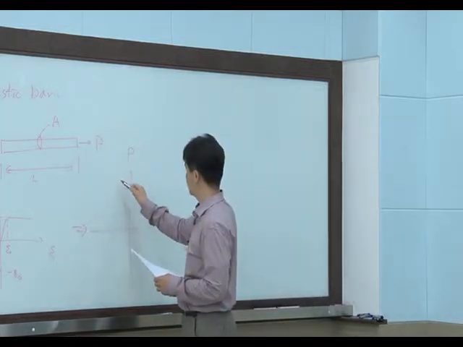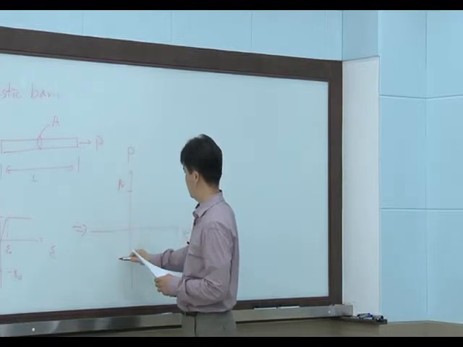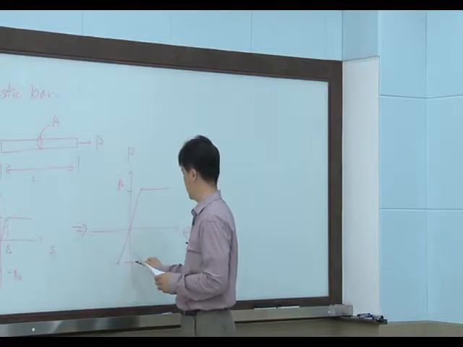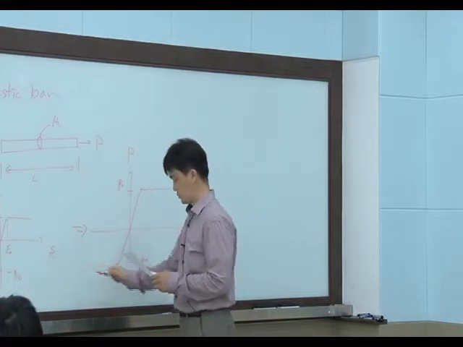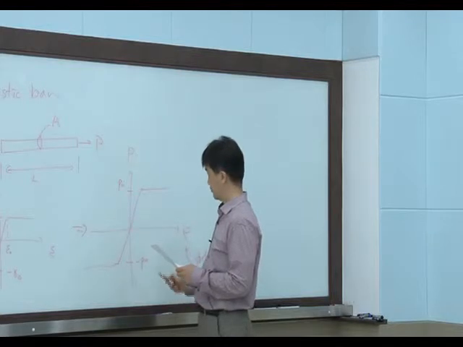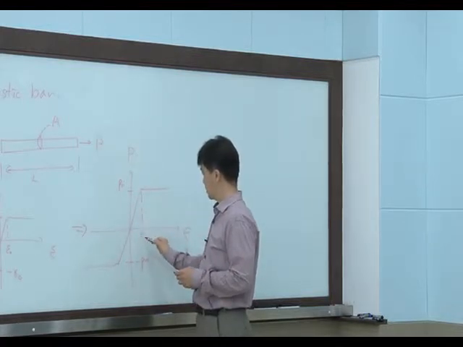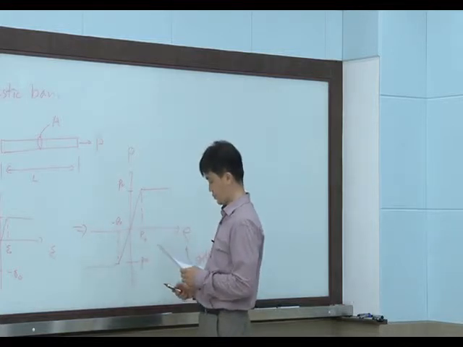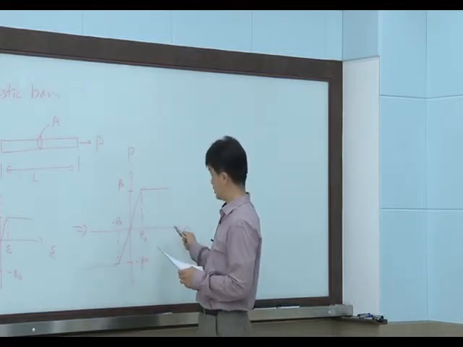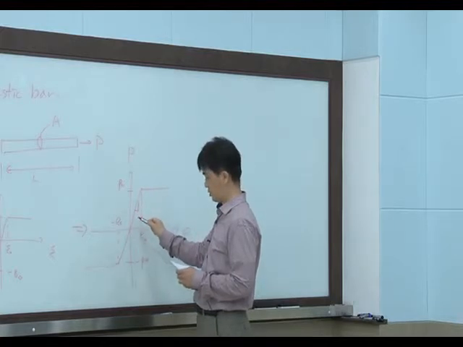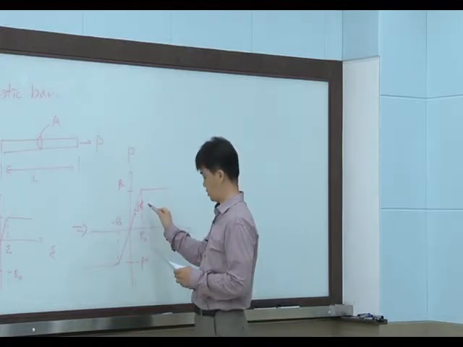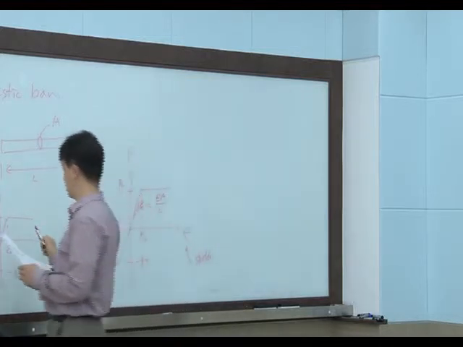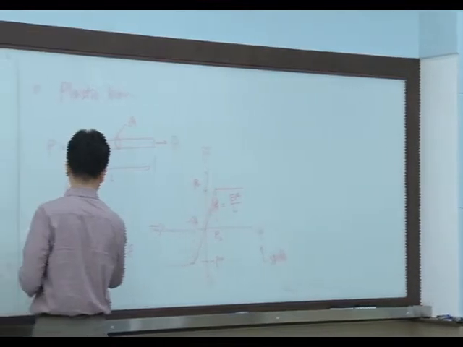So it can be very simply drawn: P0, minus P0, something like this, e0, minus e0, with e the stretch. Here the stiffness K equals EA over L.